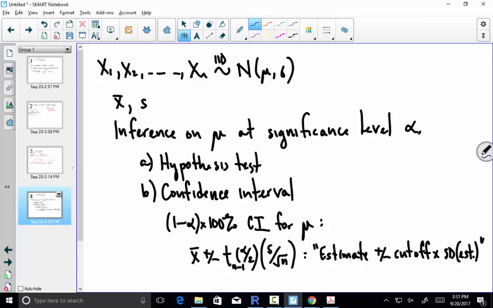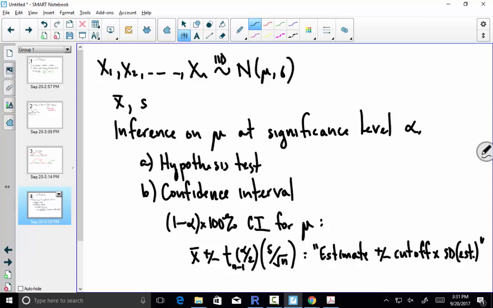Remember when I last talked about test statistics, I said one common form of a test statistic is the estimate minus what you think the parameter value is under the null hypothesis, divided by the SD of the estimate.